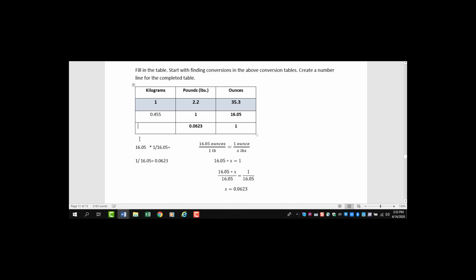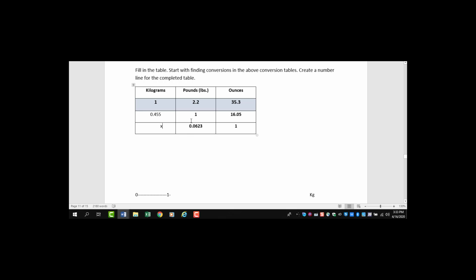All right, so here's the last one I'm going to do. Clear this off. There's a bunch of things I could use. I am trying to find out this one here. There's my x. I could use this to this, this to this.